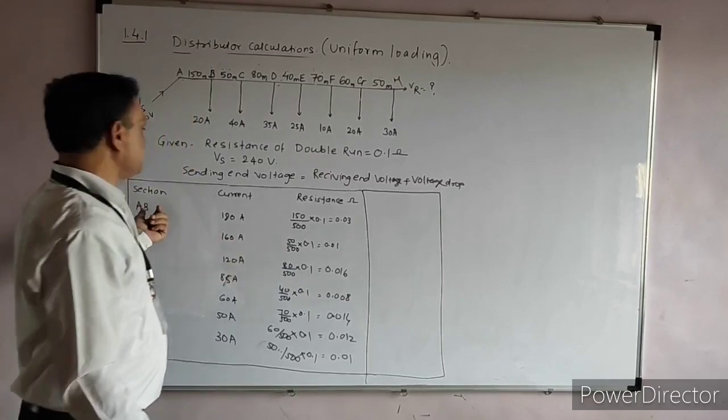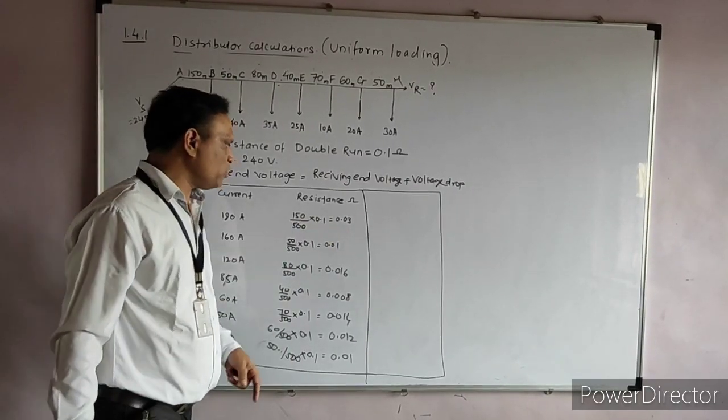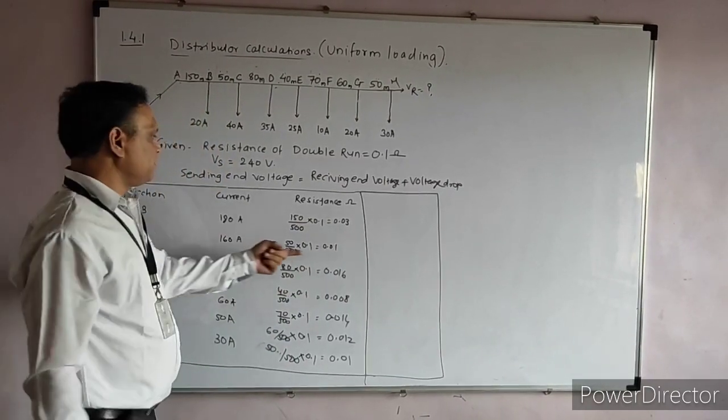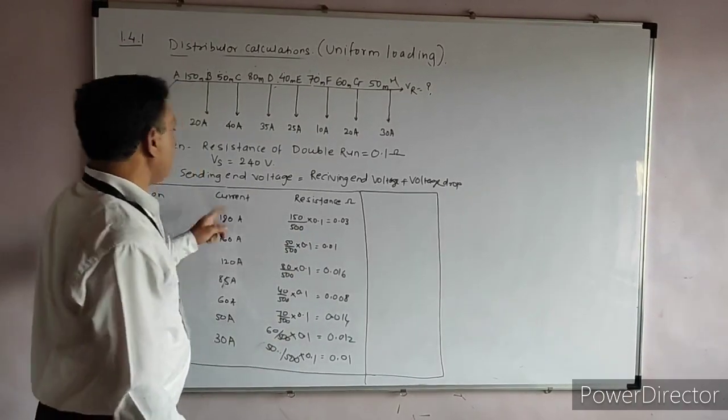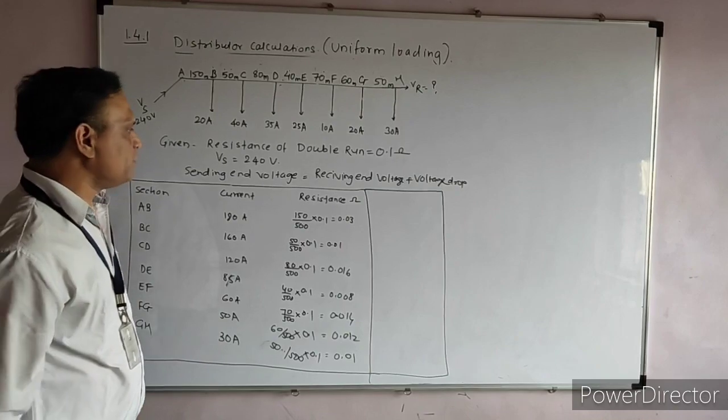For this section AB, the resistance is 0.03. For section BC, it is 0.01, and so on. Now what is our next step?